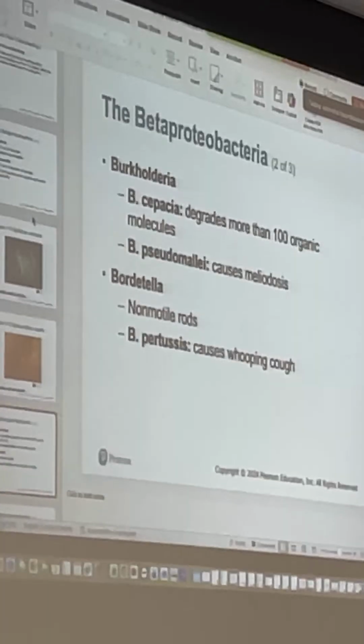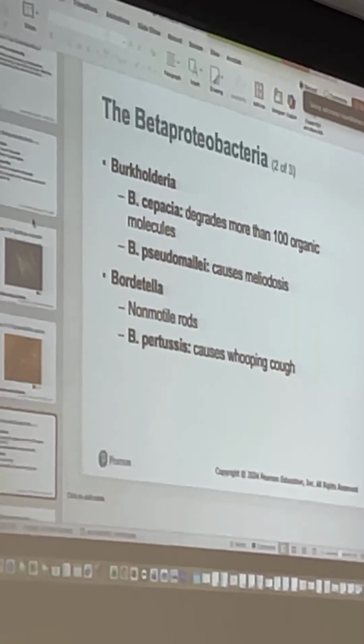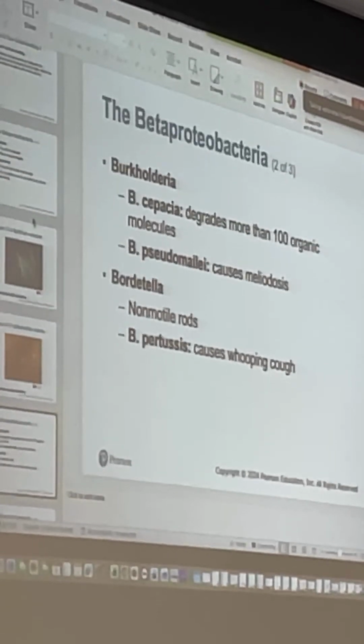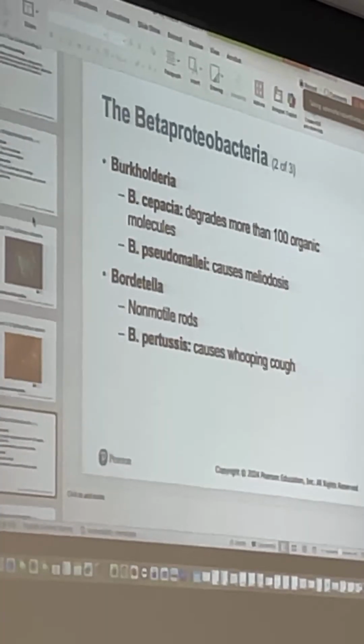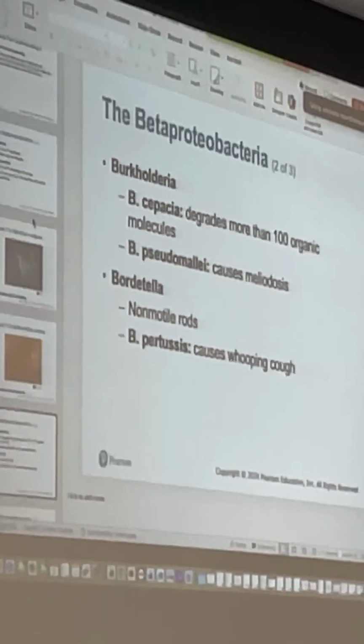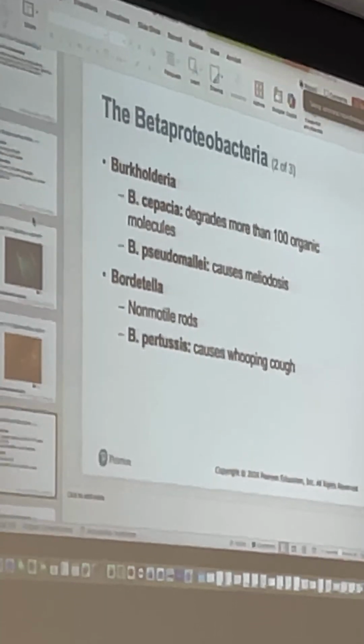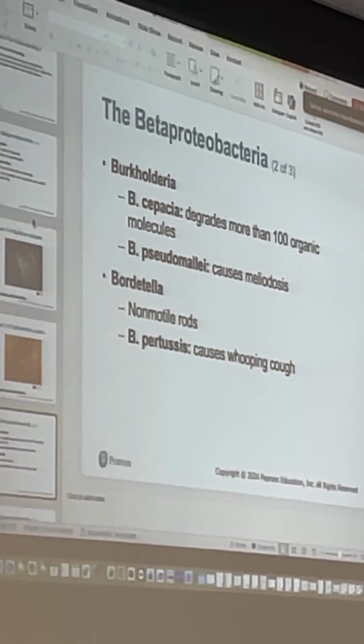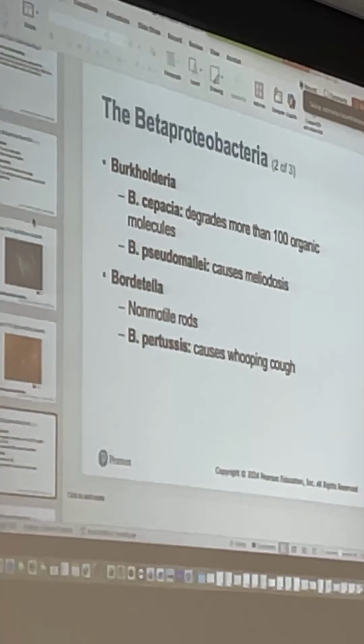Yeah, for dogs it's a different one altogether. Yep, it's Bordetella bronchiseptica. I knew it wasn't this one. In the same family though. Well, same genus, different species.